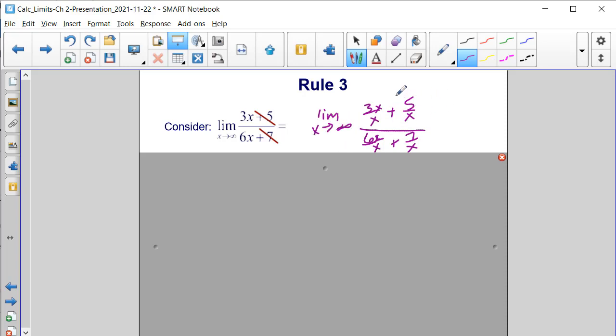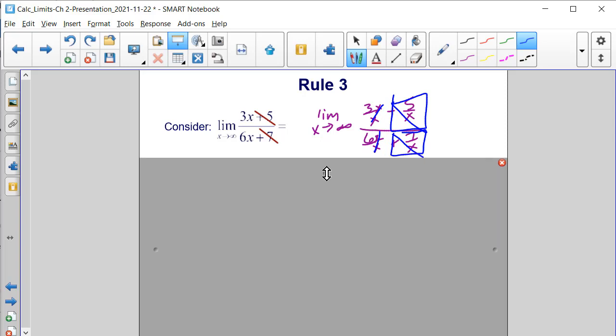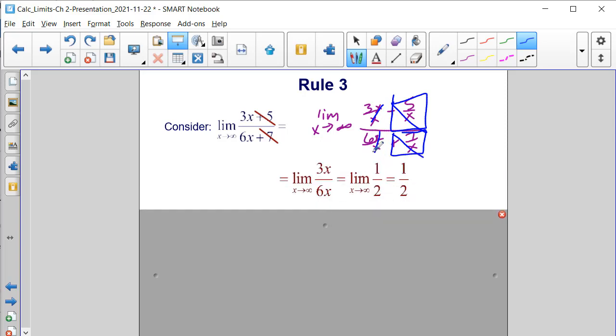And then the 5 over x and the 7 over x cancel each other out. And these x values actually cancel out in both the numerator and denominator. So because these simplify, you could consider it being equivalent to the limit of 1/2 as x approaches infinity, which is 1/2.